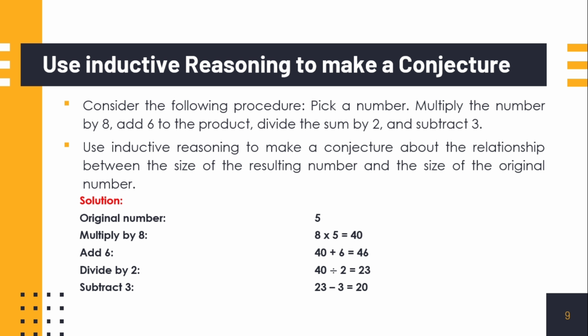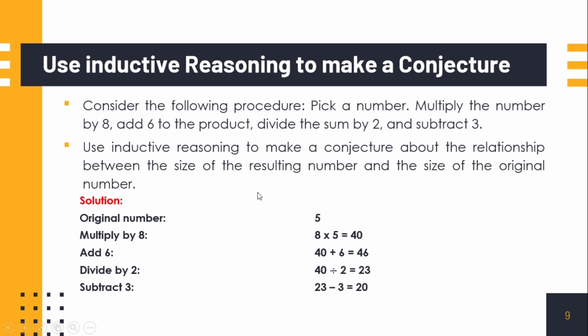Let's try another number. We started with 5 and followed the procedure to produce 20. What if we use another number? For example, 6 is the original number. It produced a final result of 24. Earlier, the number we used was 5, our original number, and it produced 20. If we use 6, it produced 24.